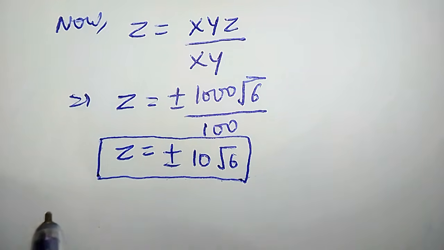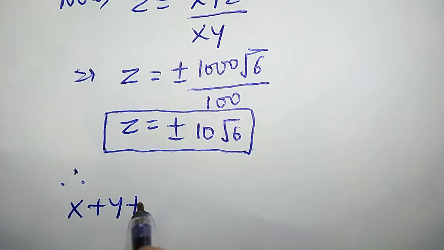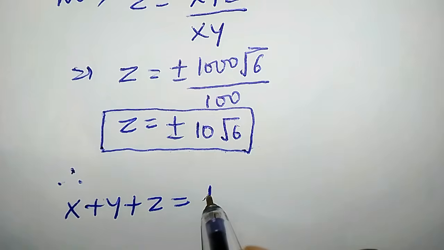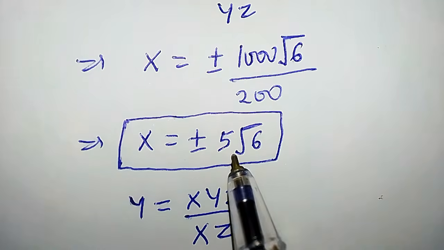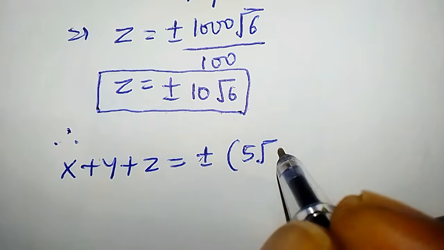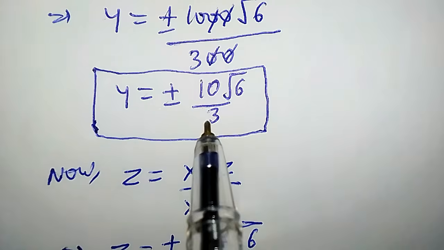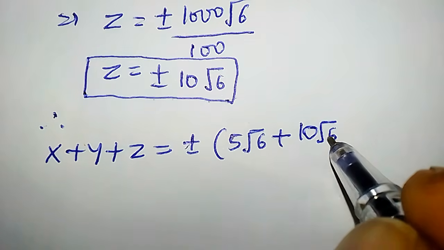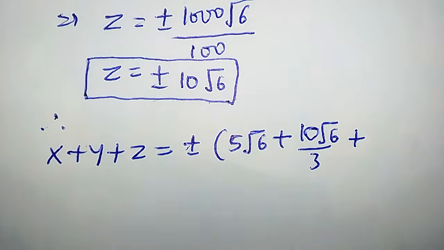As a result of this, therefore, x plus y plus z is equal to, let's factor out this plus or minus, into, what is x? x is 5 root 6 plus, what is the value of y? y is 10 root 6 over 3 plus, what is z? z is 10 root 6.